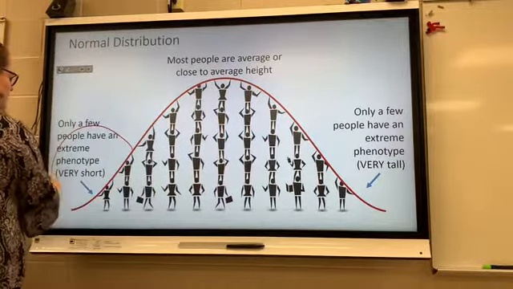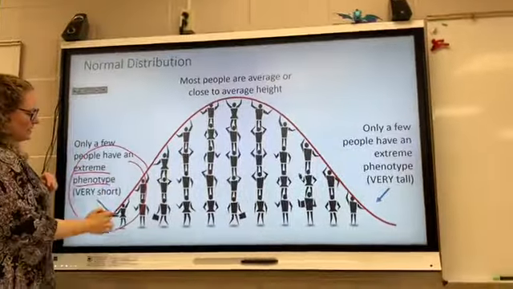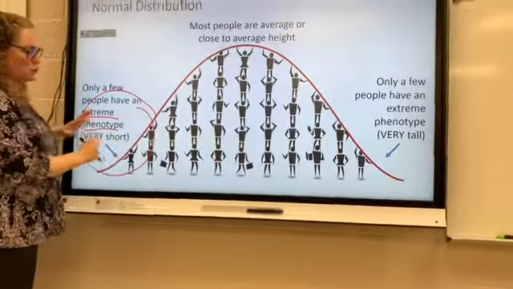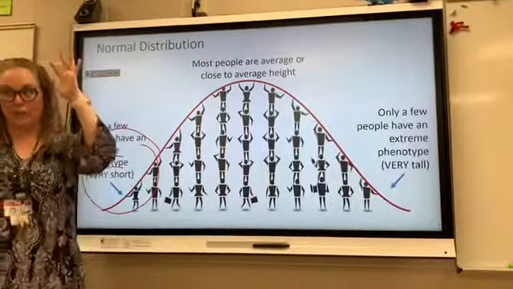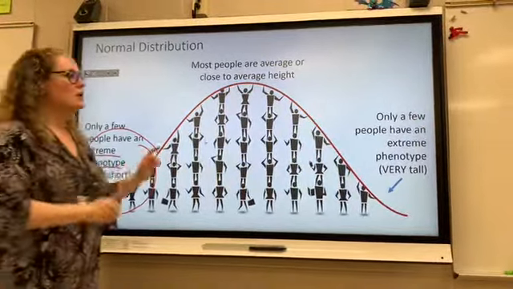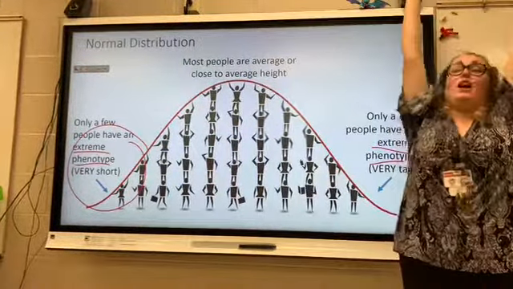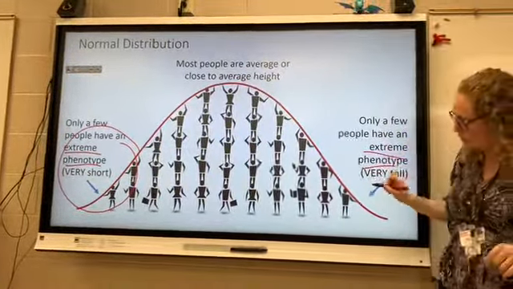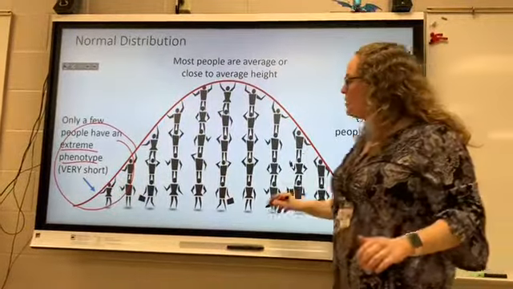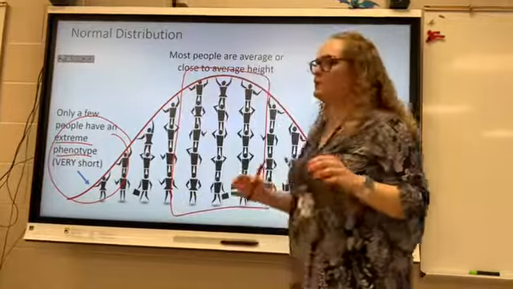In any spectrum, we expect on one extreme, like height, there's going to be very, very few short people. There's going to be some people that are short, but they're really, really short people. There's just a few, okay? Just like on the other extreme, the really, really tall people, there's just a few of them. Most people are within just a few inches of each other.